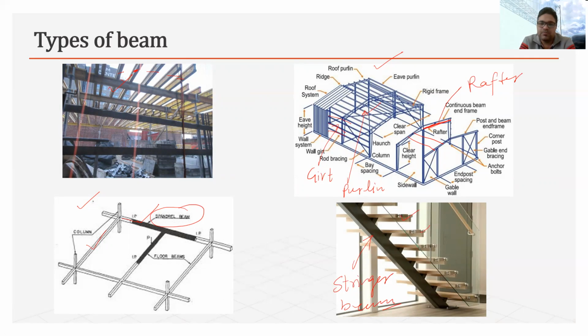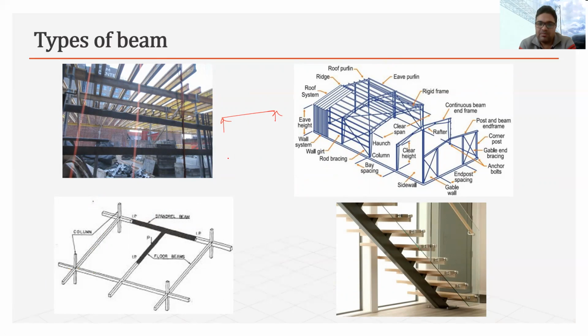Well, beams may be classified based on the support system also, like how they are being supported on the ends. In that case, a beam may be termed as a simple beam. A simple beam can be like this one, which is simply resting on the supports.